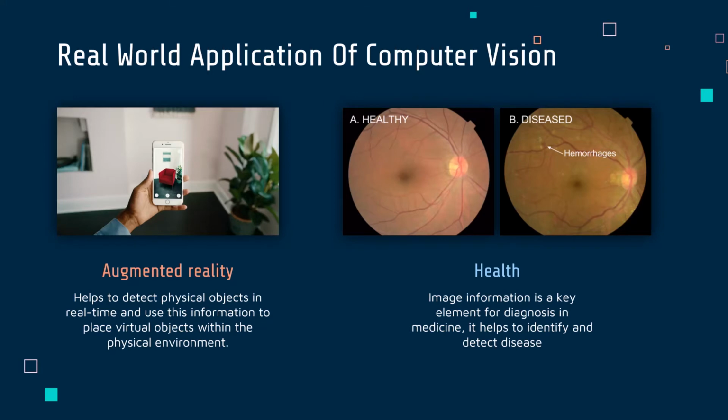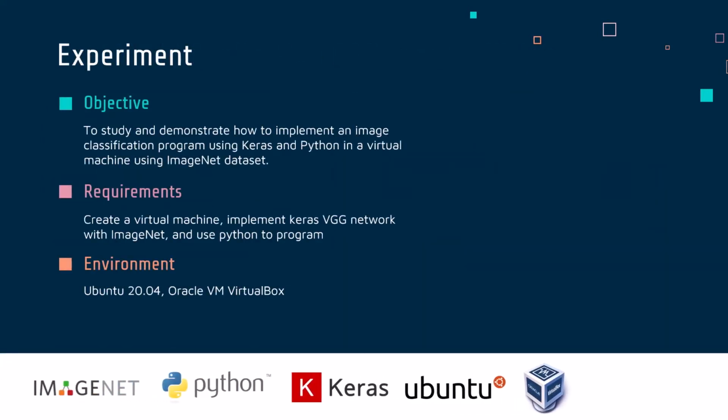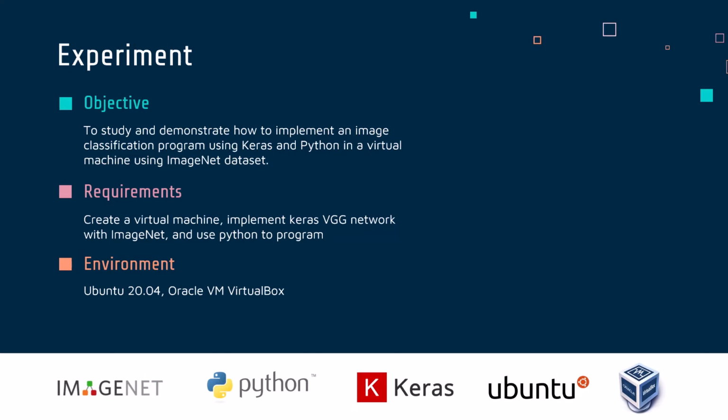So, what are the objectives of our experiment? It is to study and demonstrate how to implement an image classification program using Keras and Python in a virtual machine using the ImageNet dataset.